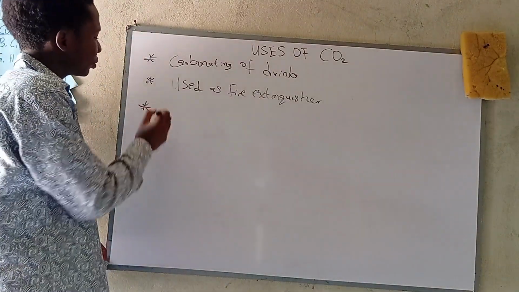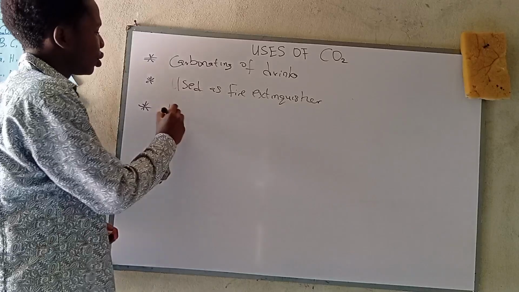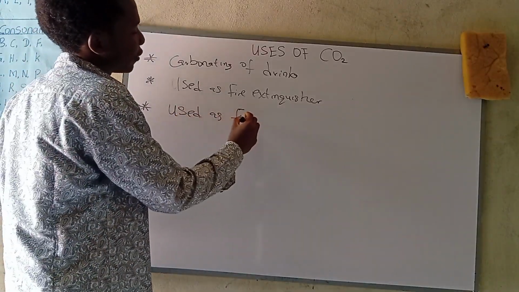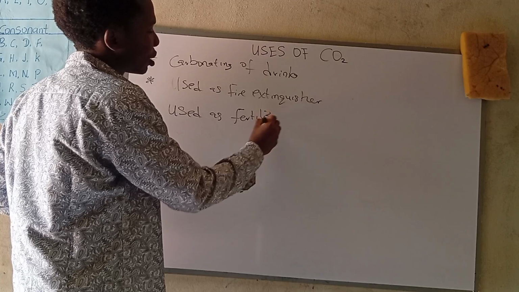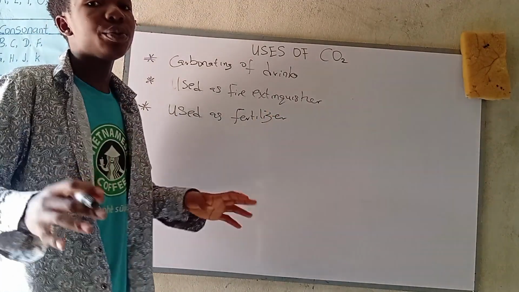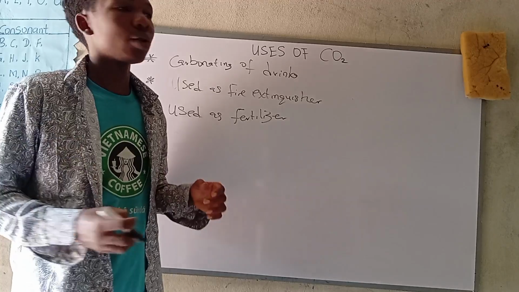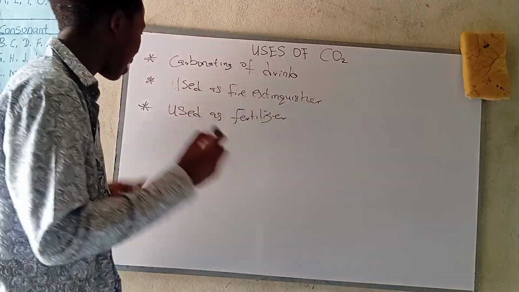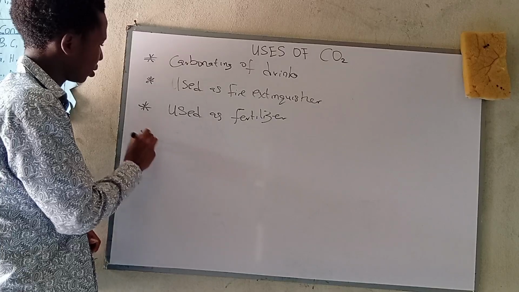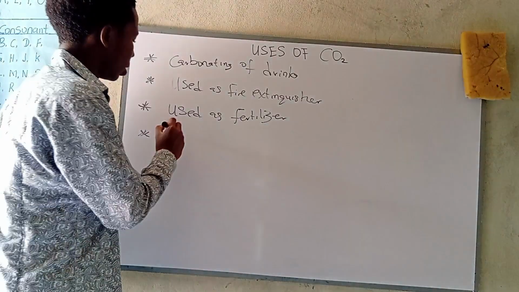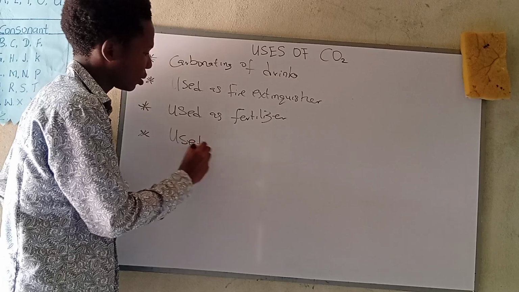Alright. Thirdly, it is used as fertilizer. Why? Because it's used in the production of urea, which is used to produce fertilizer. Now, the fourth one is used in what?